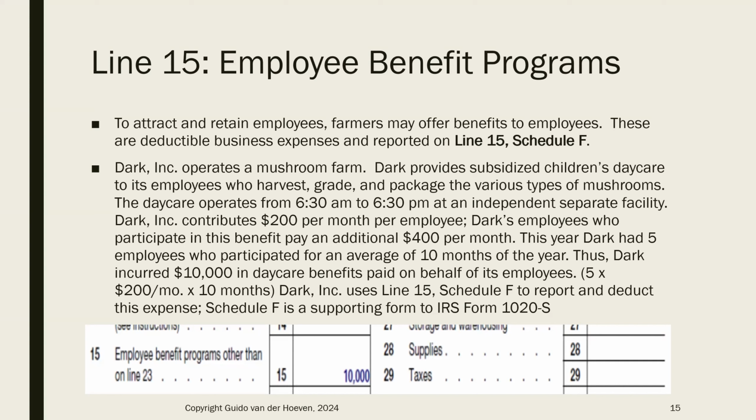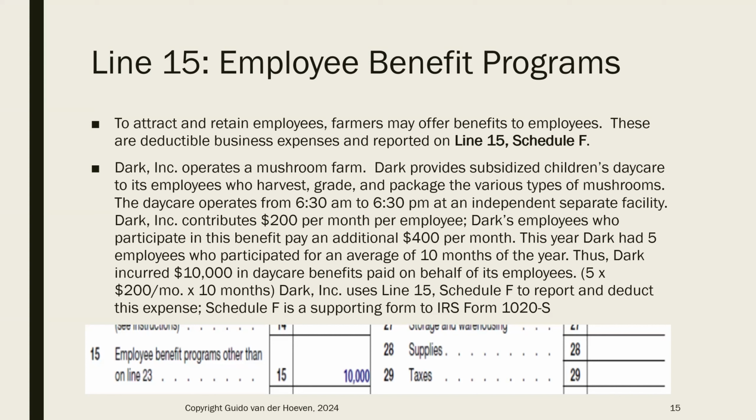The daycare operates from 6:30 to 6:30 at an independent facility, and Dark contributes $200 per employee. Dark's employees who participate pay the additional $400 a month. And this year, as you can see there in the story, Dark had 5 employees. They were employed an average of 10 months. So we've got $10,000 in daycare benefits, and it is a benefit. It's part of the program.